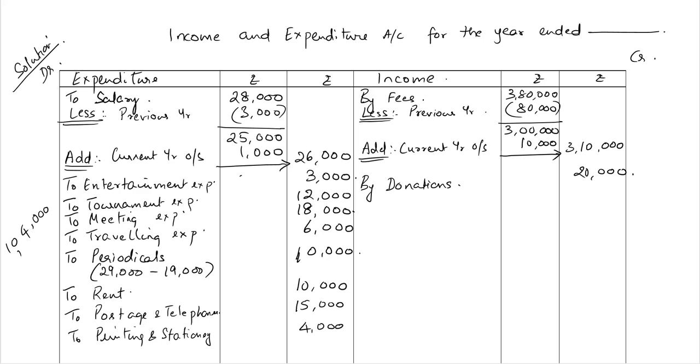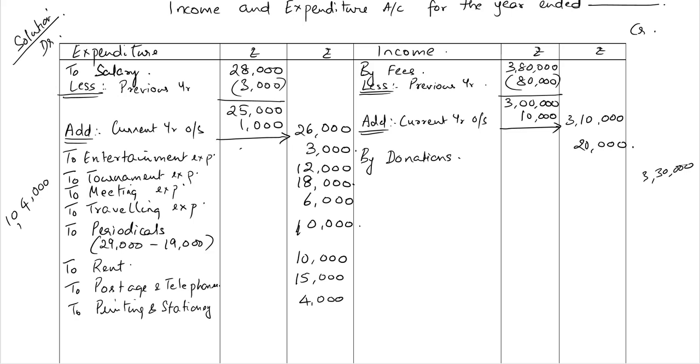The total of the debit side comes to 1,04,000 rupees and the total of the credit side comes to 3,30,000 rupees. I'm inserting the greater total on both sides, 3,30,000 rupees.